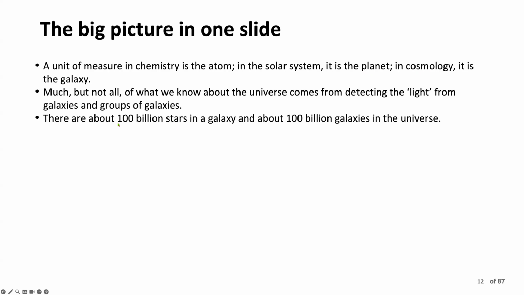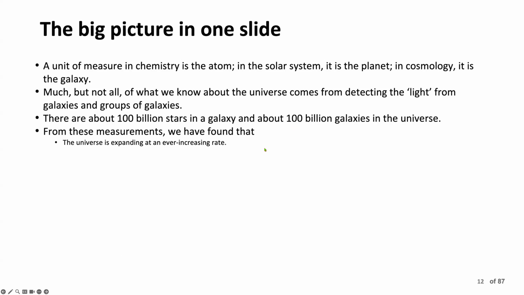A typical galaxy has around or more than 100 billion stars. And the typical estimate for the number of galaxies in the universe is at least 100 billion galaxies, probably more like 1 trillion galaxies.